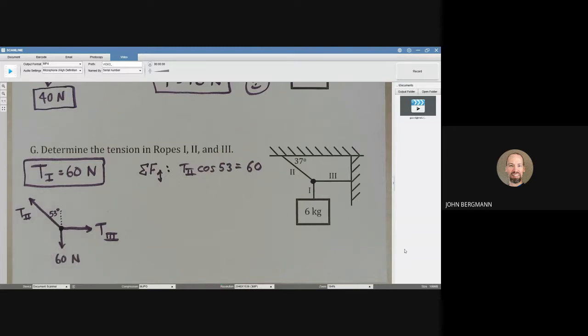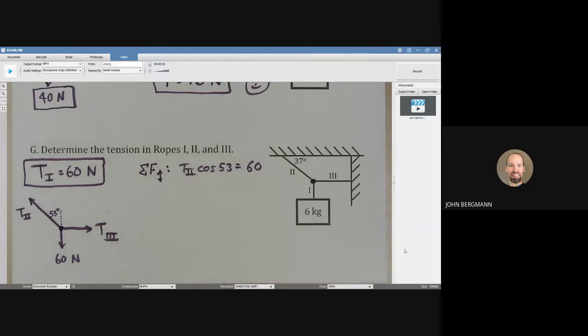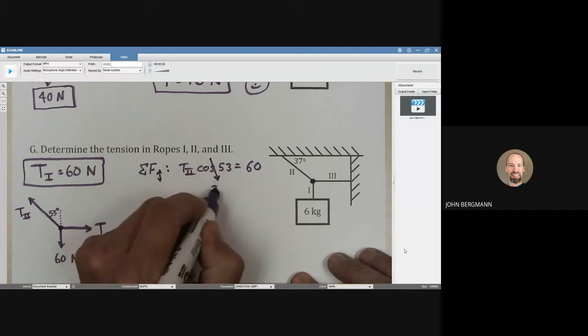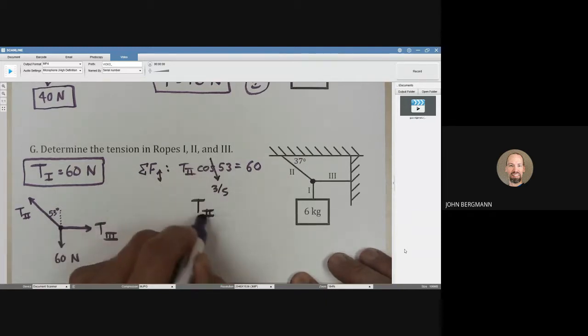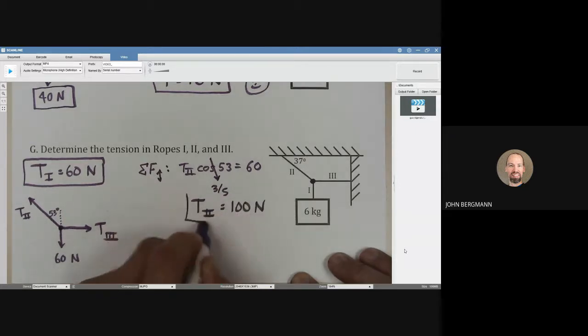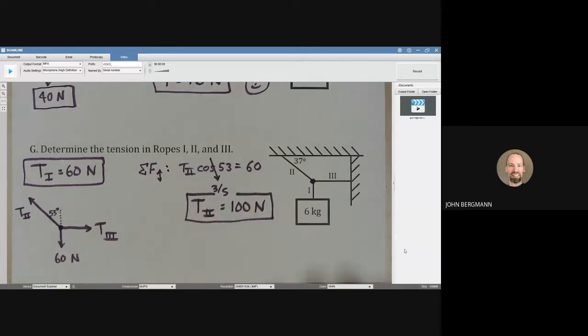Well, let's see, the cosine of 53, isn't it 3/5? Because remember, with a 37, 53, 90 right triangle, that's a 3, 4, 5 right triangle. So I think this cosine of 53 is going to be 3/5. So what does that give us? 100. 100 newtons for the tension in rope number 2.